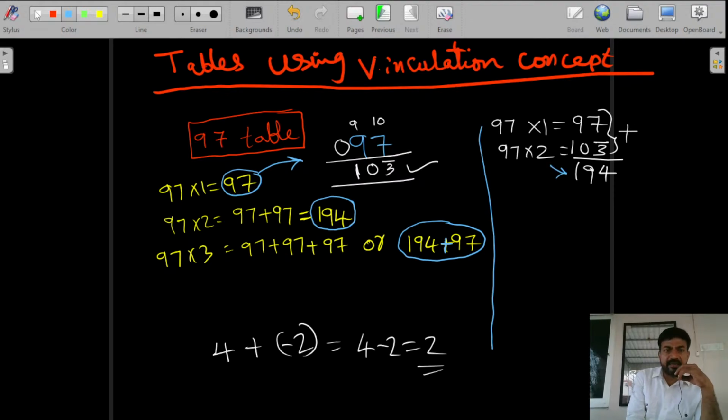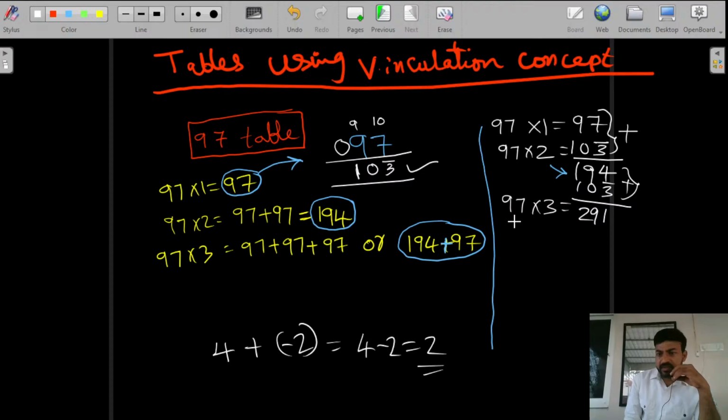Now 97 threes are. Just compare both processes, you will get an easy answer here. Every time add these two: 4 minus 3 is 1, 9 plus 0 is 9, 1 plus 1 is 2. Next, add 10 bar 3 again.